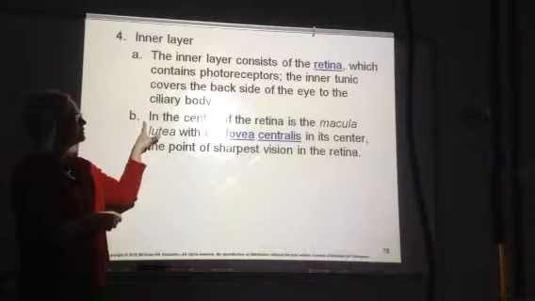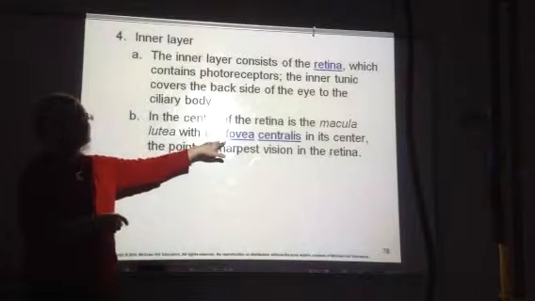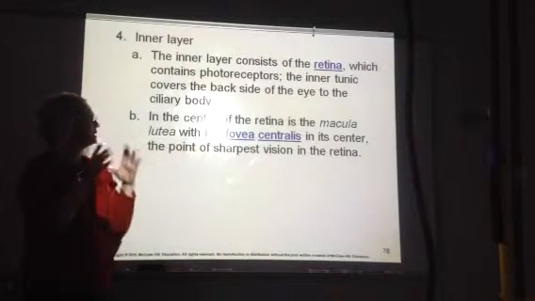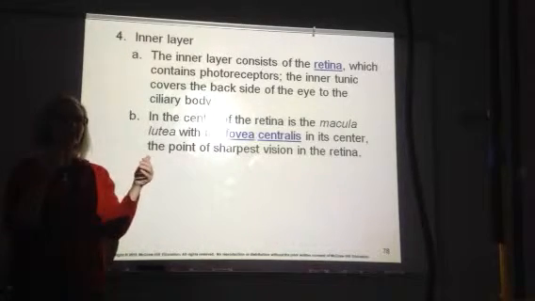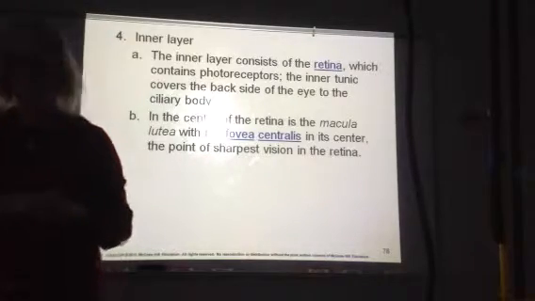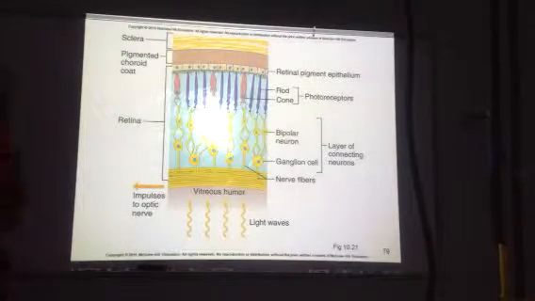In the center of the retina is the macula lutea, which is in the fovea centralis. The fovea centralis is the point in your eye where when it receives images, it's going to have the sharpest vision that there is. So fovea centralis has the sharpest vision.